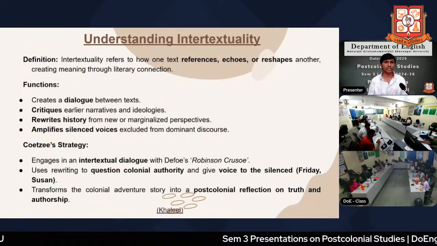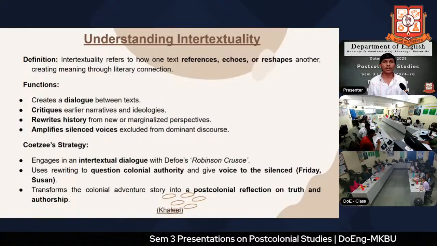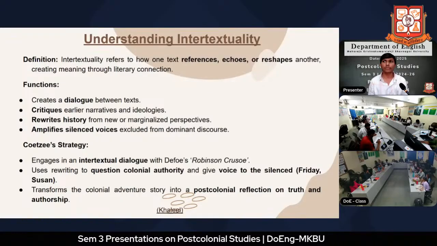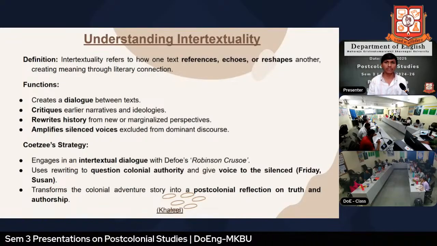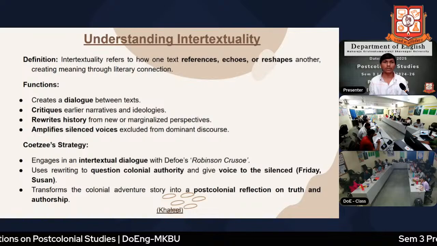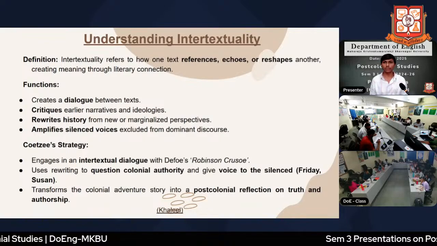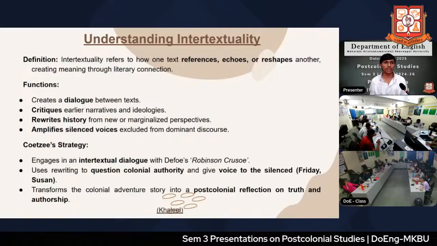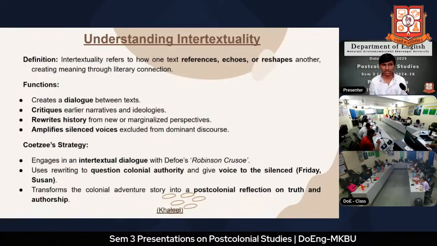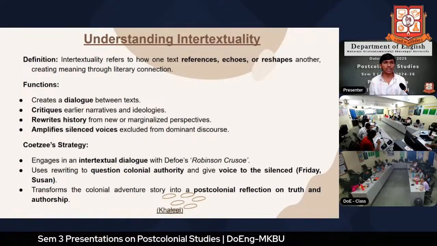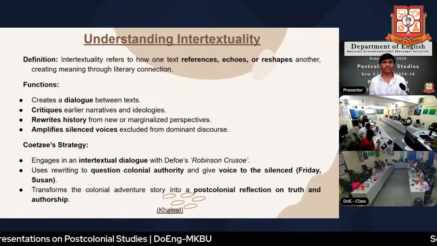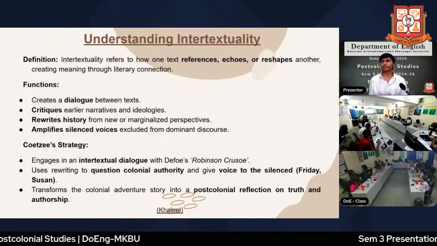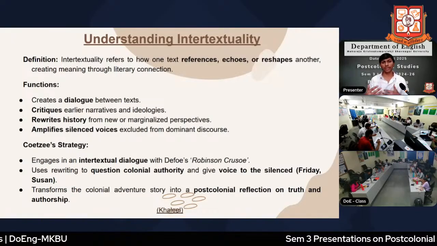Understanding intertextuality. Intertextuality connects one text to another. It references, echoes, or reshapes another text, creating meaning through literary connections. Its function is, first, to create dialogues between texts, making a difference between two texts.